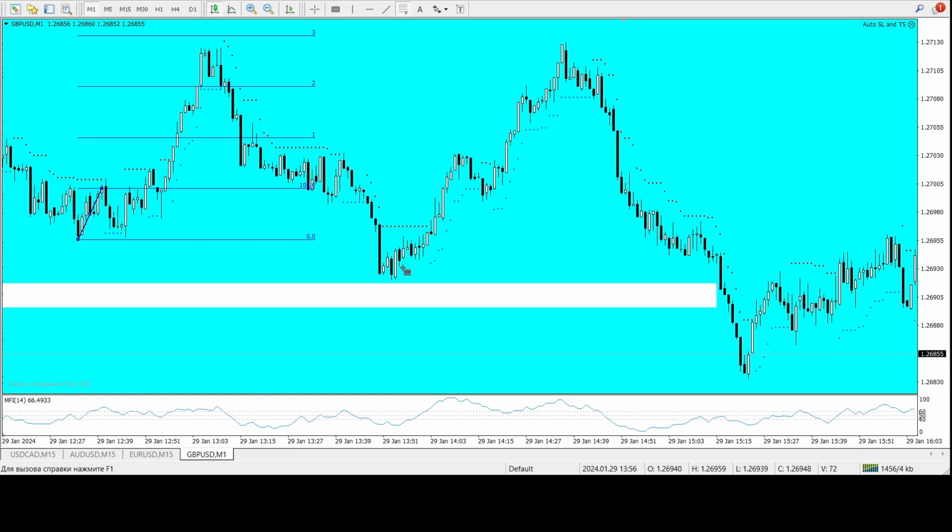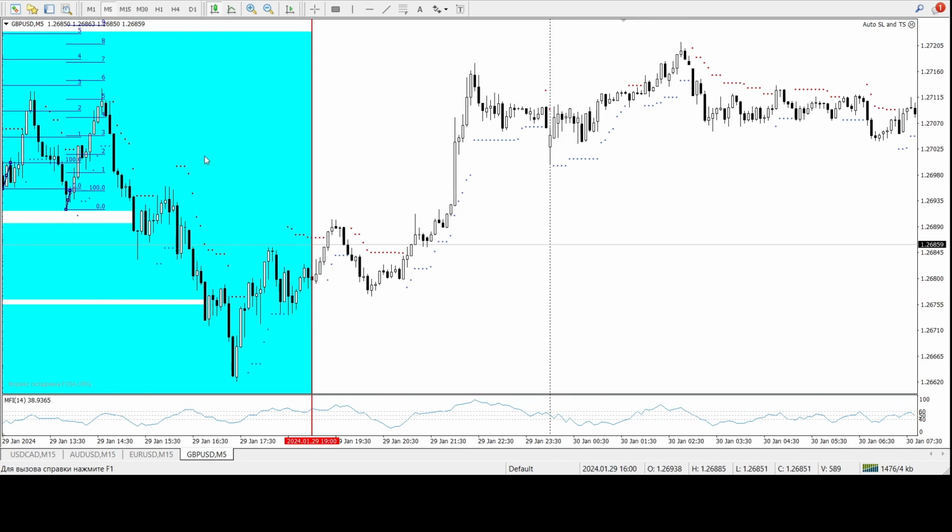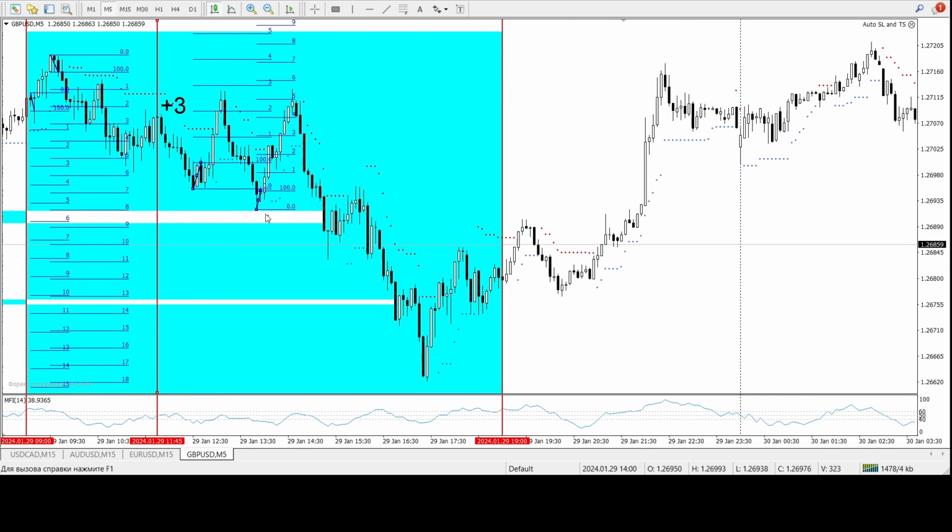The point of entry would be somewhere here. And look, it basically goes up to 1 to 5. Let's go to M5 so we can get here.